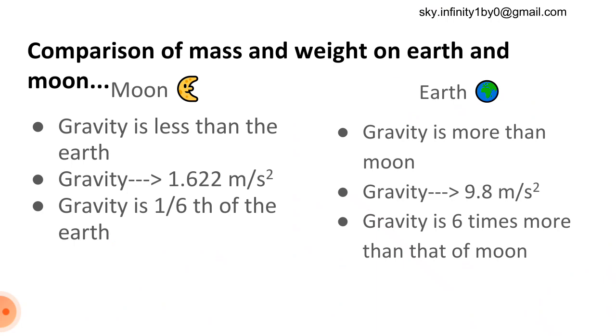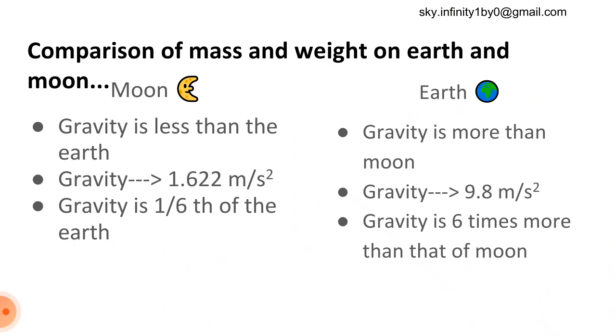Now we'll consider an example in which an astronaut is present on earth and is also taken to the moon. Firstly, to understand the concept of mass and weight through an example, we need to consider the gravity on moon and on earth. First of all, gravity on moon is always less than the earth, and gravity on earth is more than that on the moon. How did we know this?